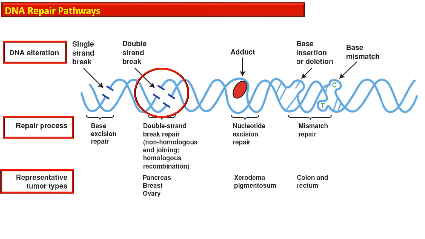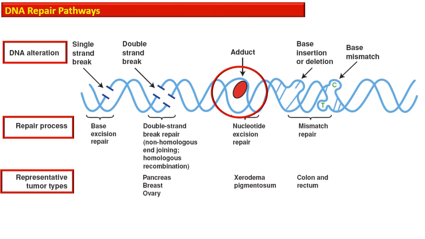These can be non-homologous end joining or homologous recombination. If this repair process fails, the representative tumor types are pancreas, breast, and ovarian tumors.